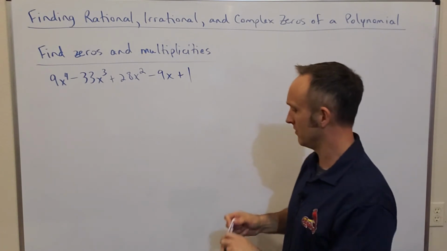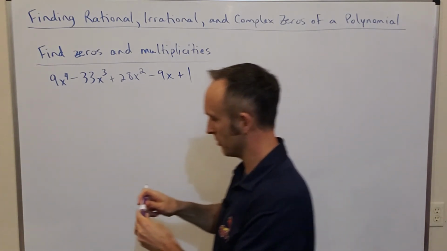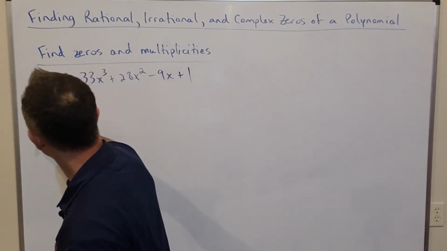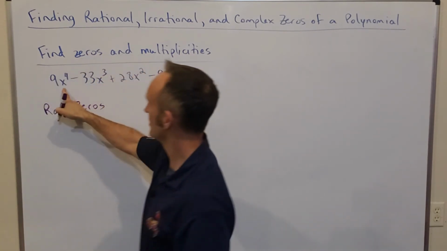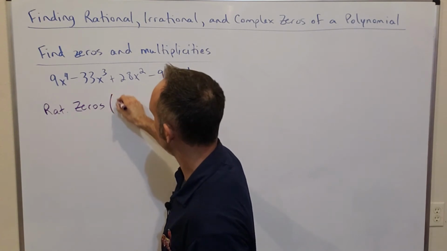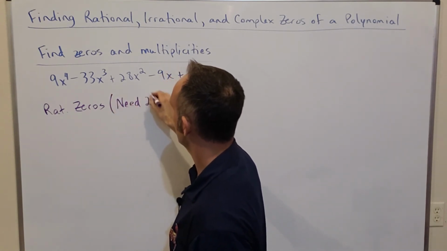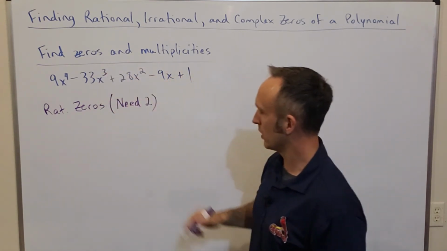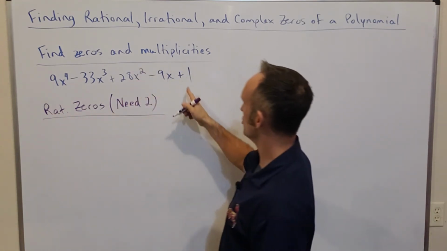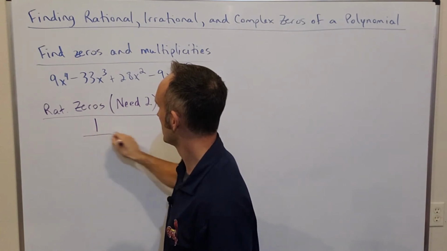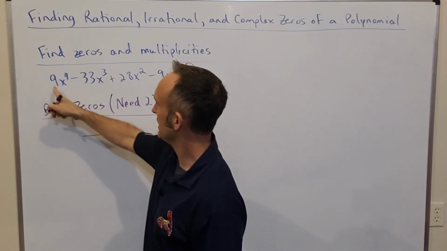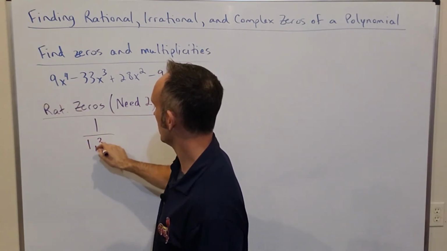So we make a list of potential rational zeros. And since this is degree 4, I need 2 of these to reduce this down to a quadratic. So my numerator are the factors of 1, so that's just 1. My denominator could be any of the factors of 9, which are 1, 3, and 9.